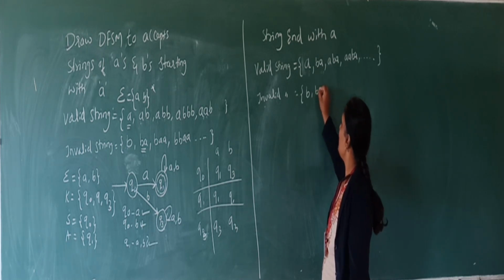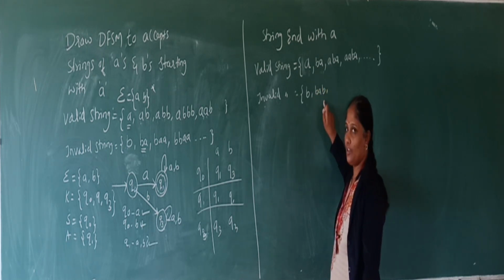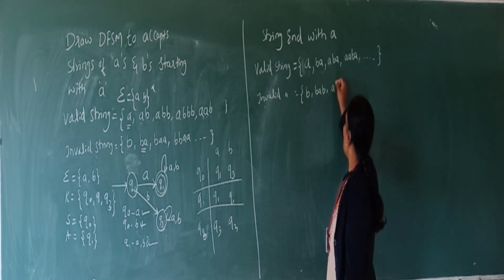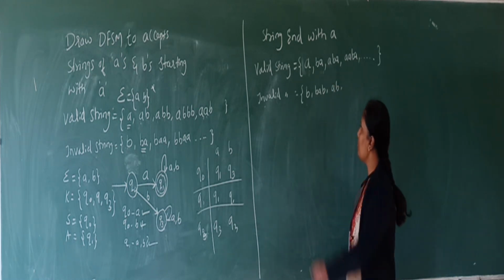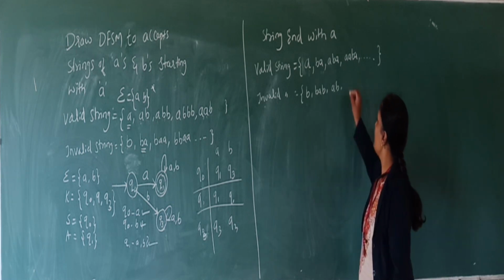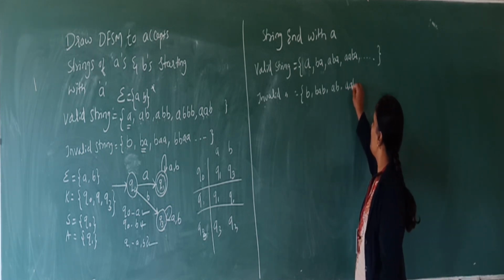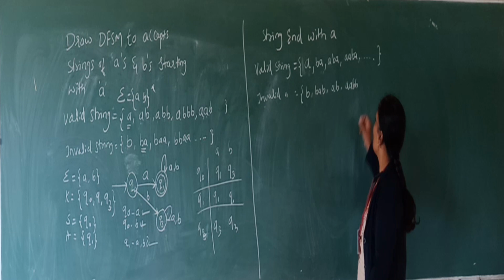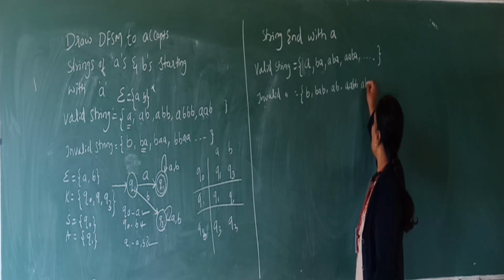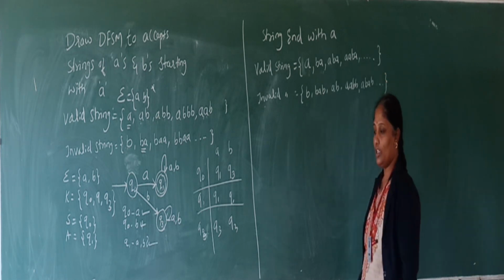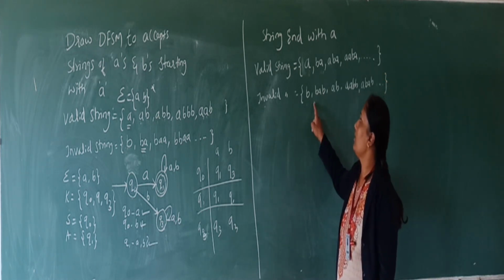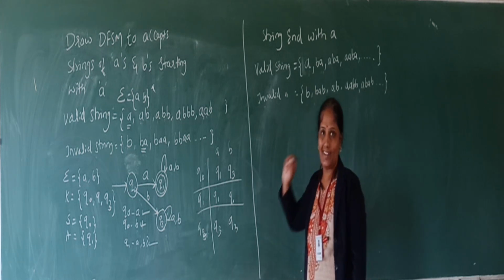Next, B, A, B is invalid because it is ending with a B, and A, B is an invalid string because it is ending with a B. So, these all are the invalid strings, and these are the valid strings.